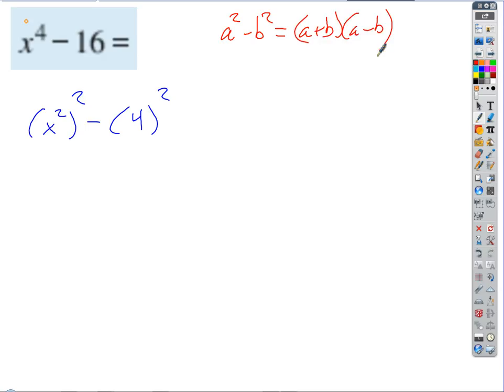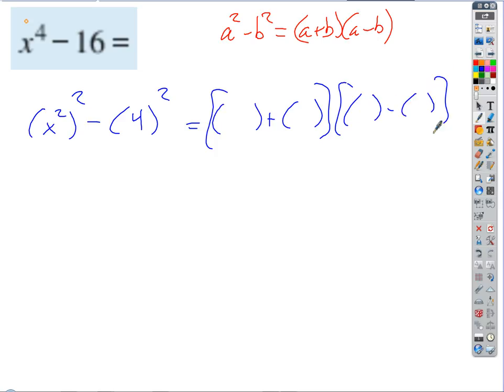Okay, so we'll just split that up into a plus b times a minus b. And a is just x squared and b is 4.